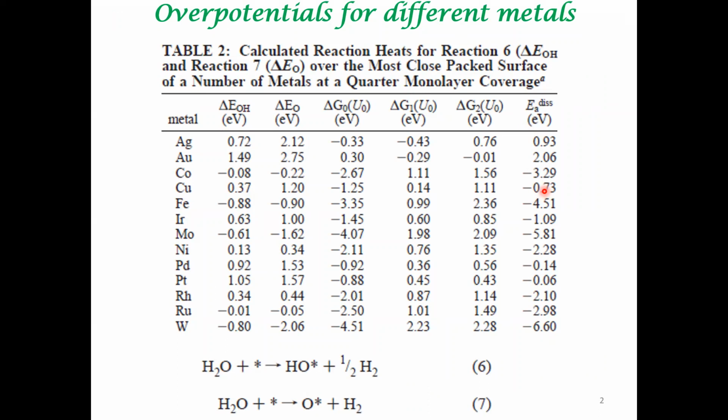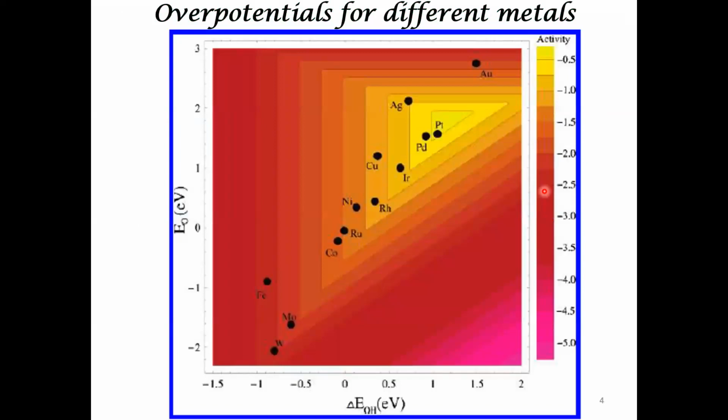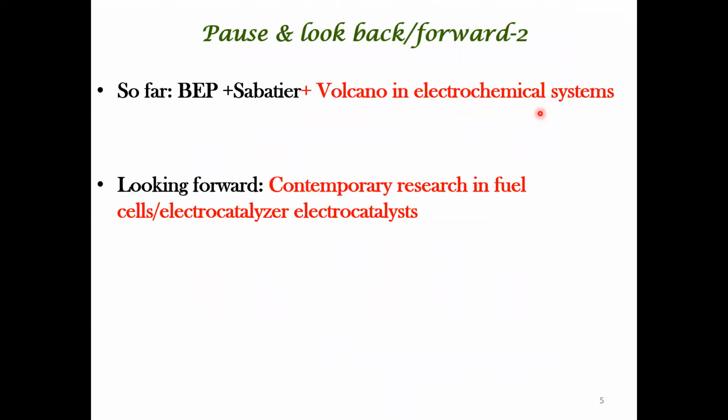I talked about it in the first few lectures, so go and refer to that. These are the important principles for electrocatalyst design: the Bronsted-Evans-Polanyi relationship, the Sabatier principle, and the volcano.